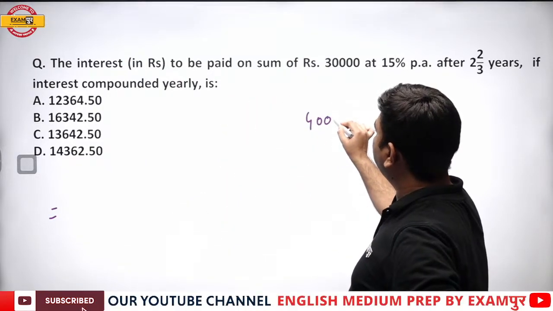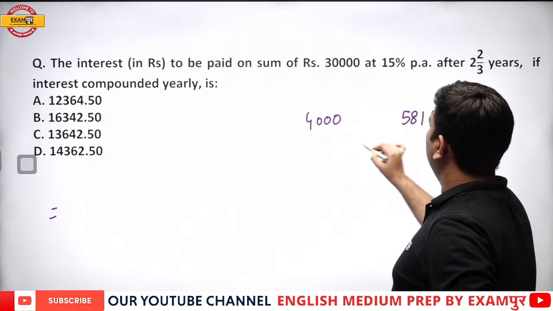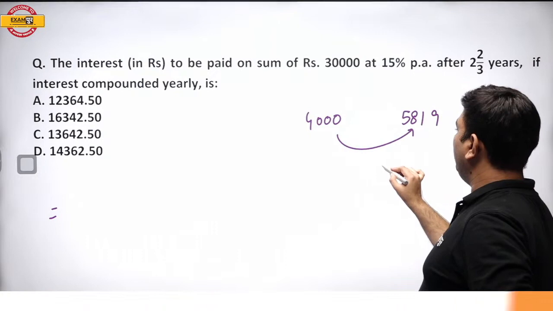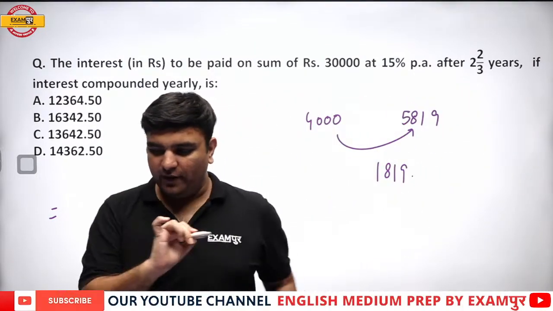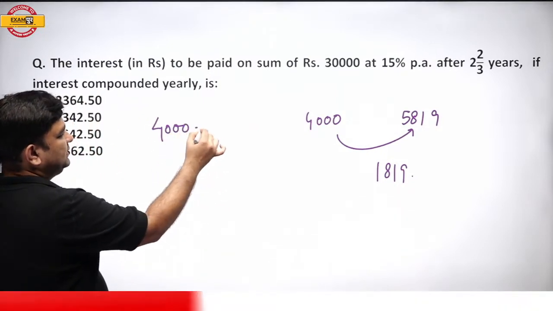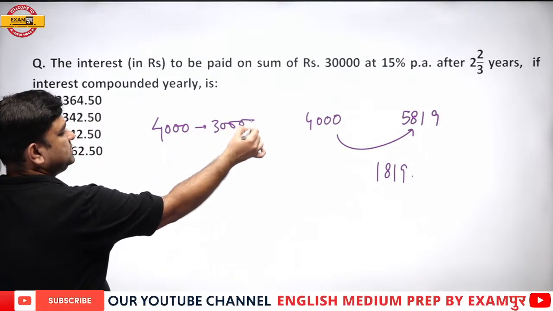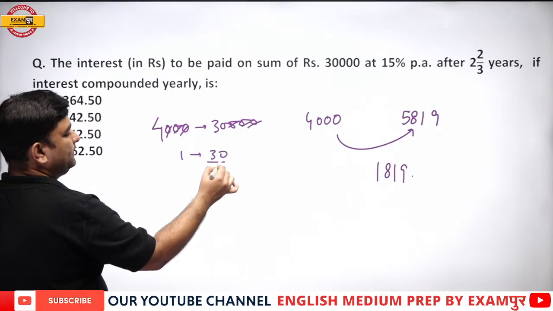4,000 has become 5819. So interest is 1819. 4,000 is given as 30,000. 1 is 30 by 4.